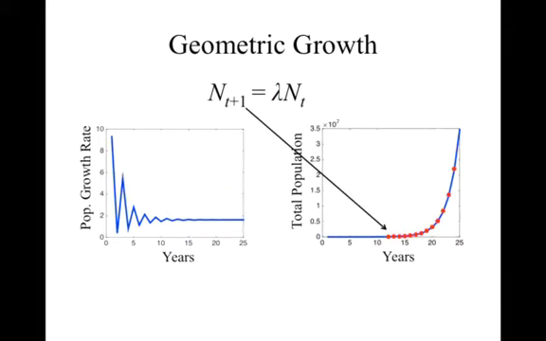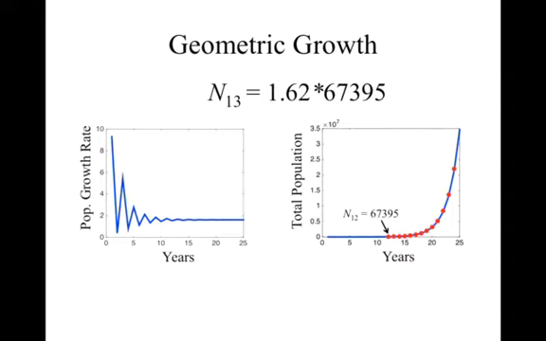Now, what we can then do is predict the population change in size from one year to the next using this equation. So if I want to know the number of individuals in year 13, all I need to do is look at the number of individuals in year 12. In this example, it happens to be 67,395. Plug that in, multiply it by the population growth rate, which is a constant, and that's going to give me the number of individuals in year 13.